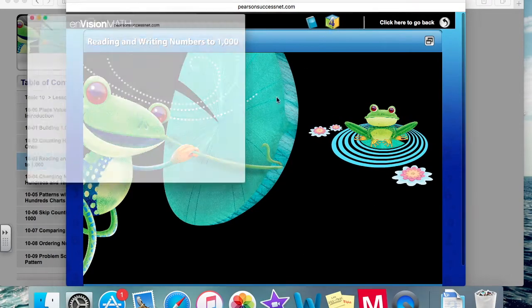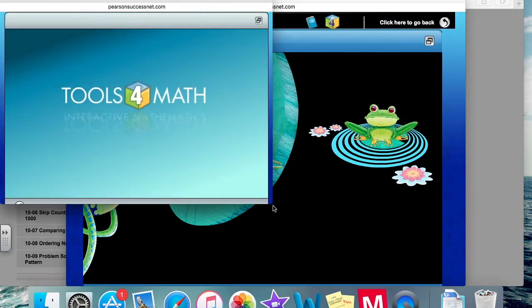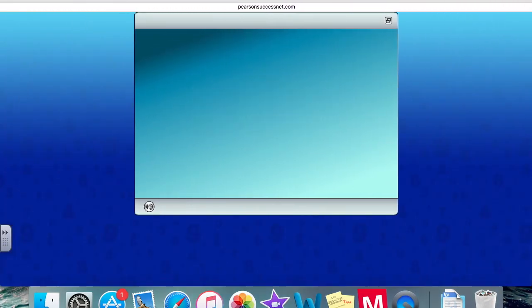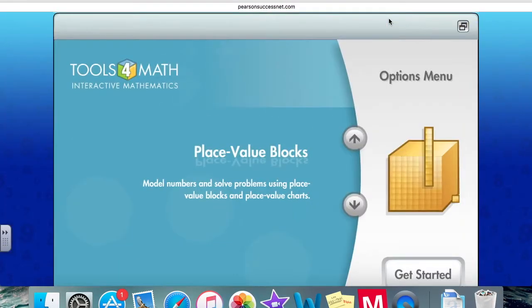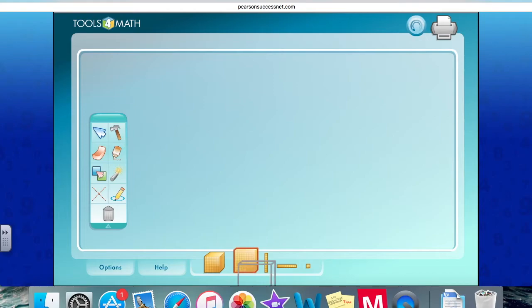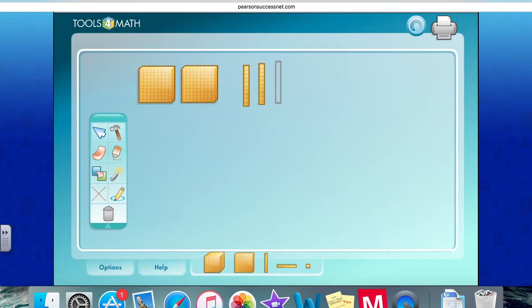We're going to go ahead and practice with some math tools. So I'm going to start with the hundreds. I'm going to put out a couple hundreds flats. Move on to my tens. And put out our ones.